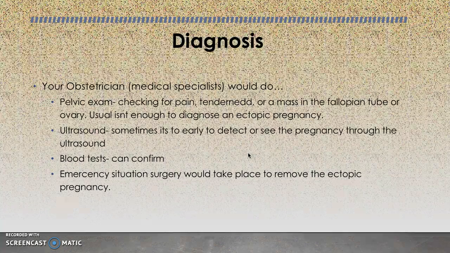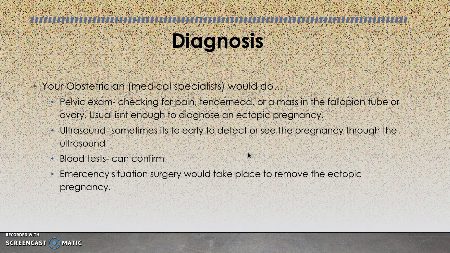Your medical specialist, OBGYN, would do a pelvic exam for diagnosis, checking for pain, tenderness, or a mass in the fallopian tube or ovary. Usually that isn't enough to diagnose an ectopic pregnancy, so they will need to do an ultrasound, which is an imaging way to detect the pregnancy.